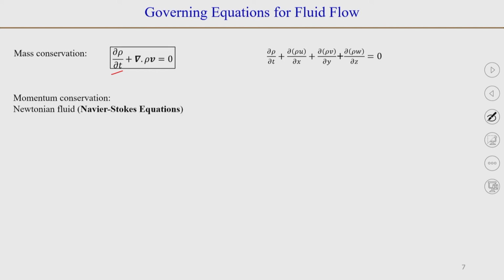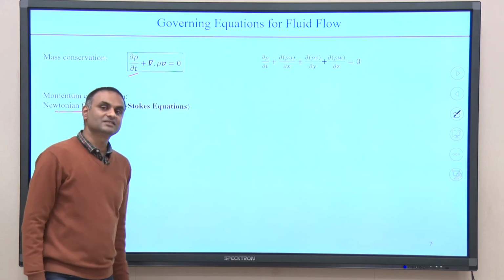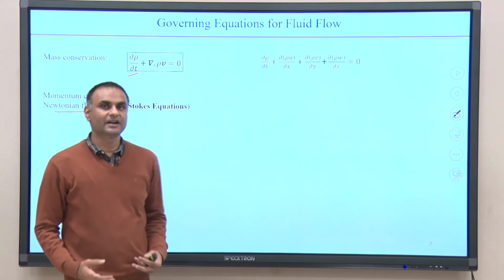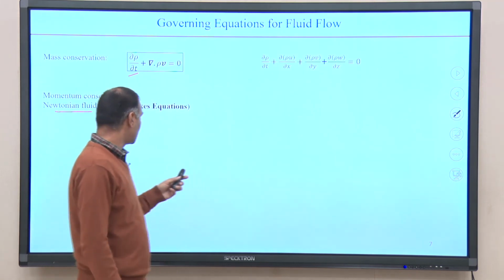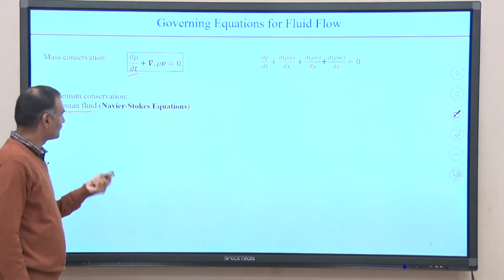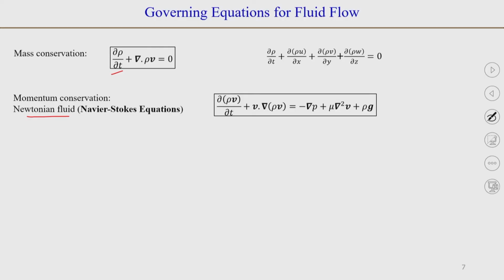For the momentum conservation equation, we will consider here the case of a Newtonian fluid. So, the constitutive equation, the relationship between the stress and strain, is linear, and that has been used in this equation. So, this is the Navier-Stokes equation, or the momentum conservation equation for a Newtonian fluid.